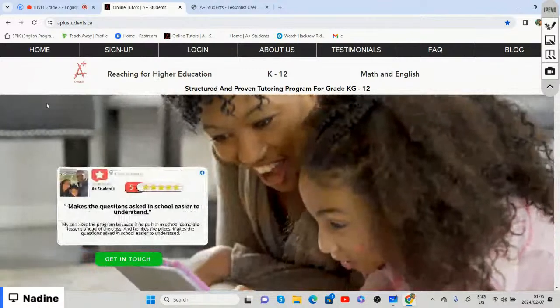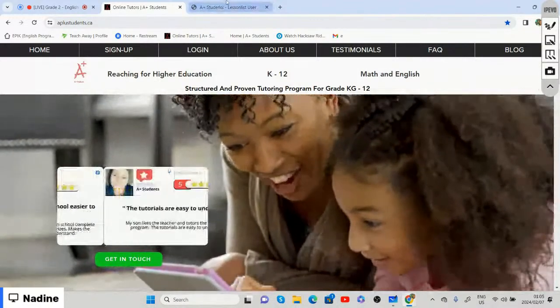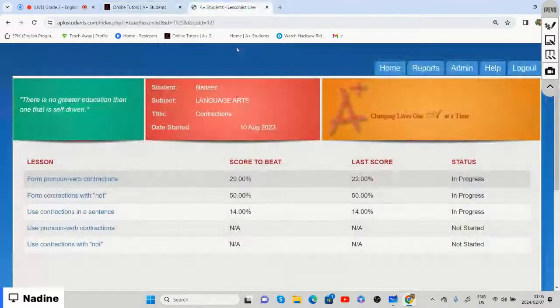Once we've selected language arts, grade 2, we're going to scroll down until we get to the chapter of contractions.